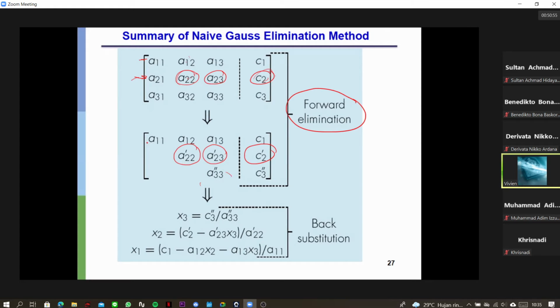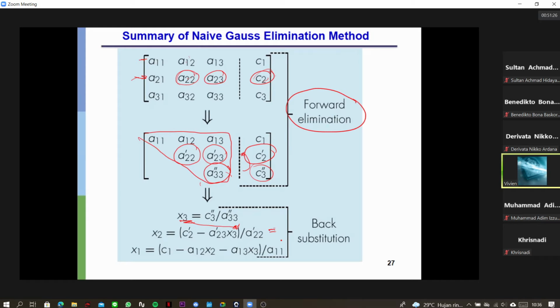Once we have the upper triangular matrix, we can find x3, which is C3 double accent divided by A33. Then we get the value of x3, so we can continue to the second equation, which is x2 equals C2 accent minus A23 x3, in which we already have the value of x3, so we can calculate that, all divided by the coefficient of x2.